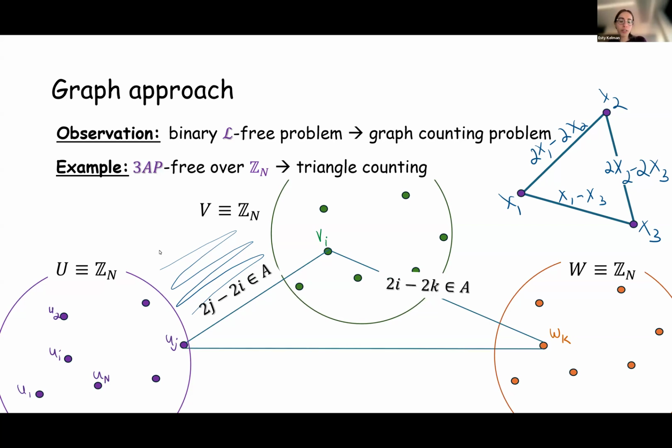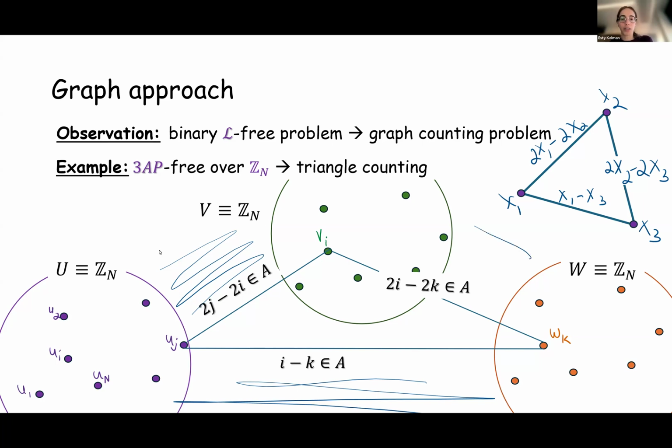And between U and W, we do the same with a linear form x1 minus x3. This way, we get a tripartite graph. And the main observation here is that every triangle in this graph corresponds to a 3AP in A. So now, instead of asking how many 3APs we have in A, we can ask how many triangles are in this graph.